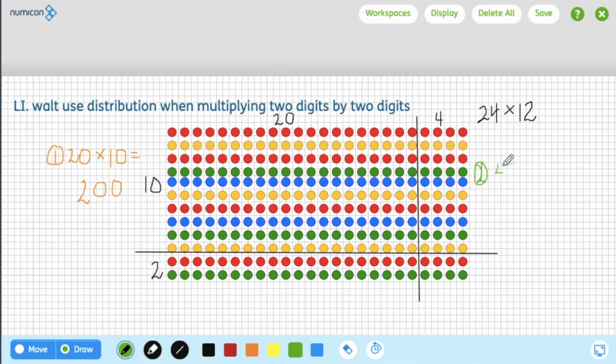And we're doing 4 times 10, which you all know is 40. So that's section number 3, which is 2 times 20, which is equal to 40. 2 20s is 40. And then section 4 over here is my nice and easy one. And that would be these 4 across the top times 2 down.